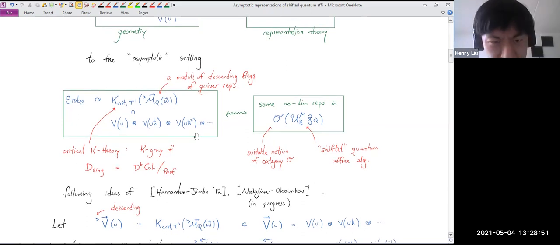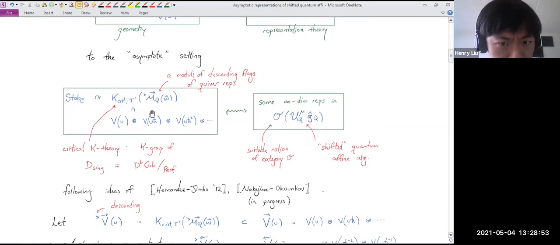was first systematically done for quantum affine algebras by Hernandez and Jimbo, where they used a precursor to this language of shifted quantum affine algebras, where essentially instead of thinking about the entire shifted quantum affine algebra, they took some quantum Borel inside it. We'll see later that that's also a very productive viewpoint, though in full generality, it might be better to work with the entire shifted quantum affine algebra.